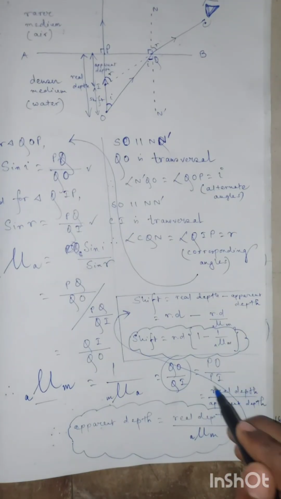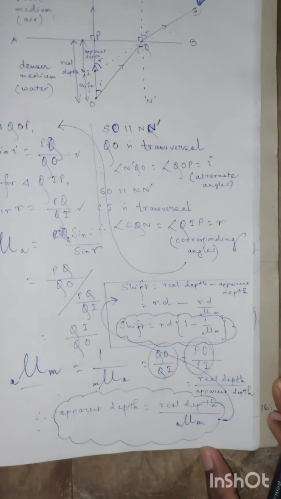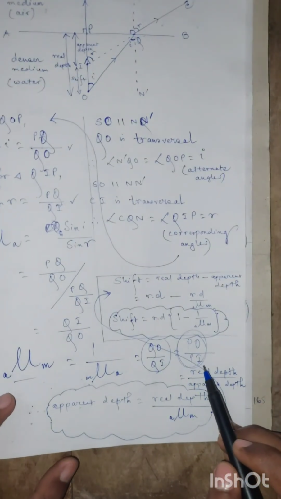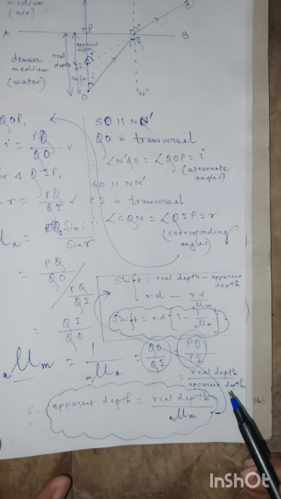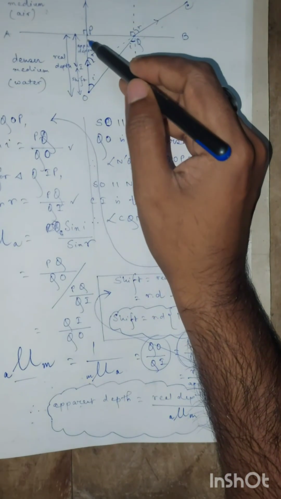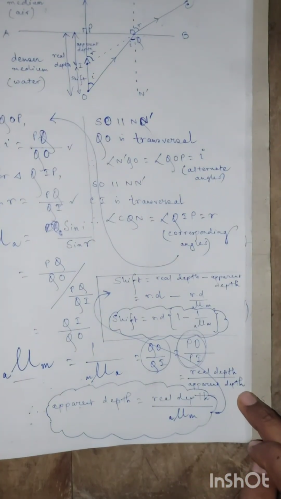So this is our new ratio. From here we can say PO is our real depth and PI is our apparent depth. Real depth by apparent depth. So we get the relation.